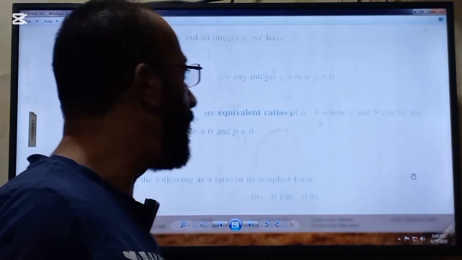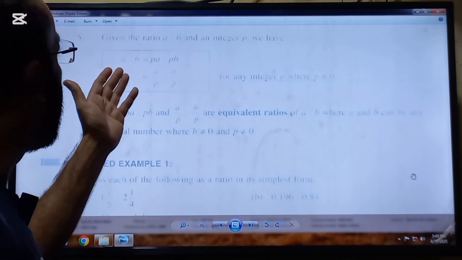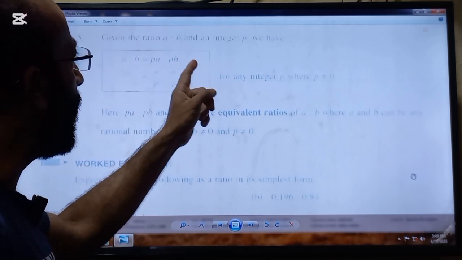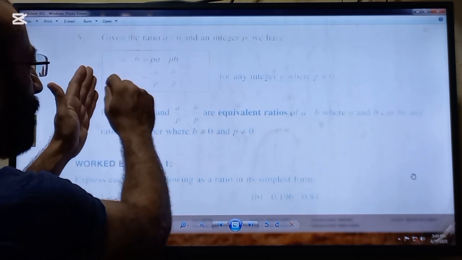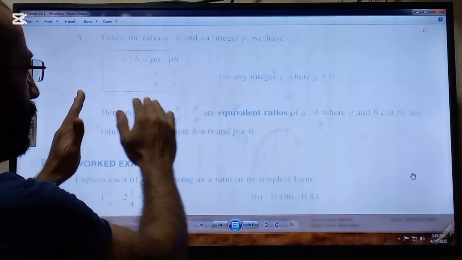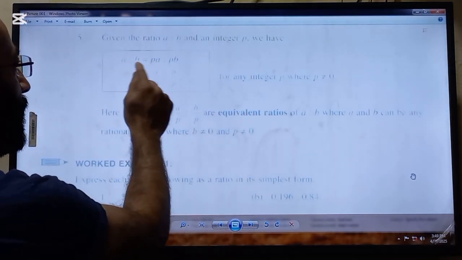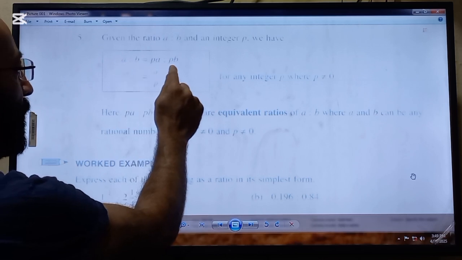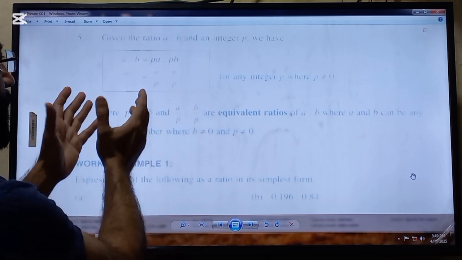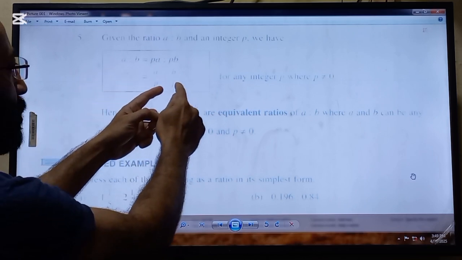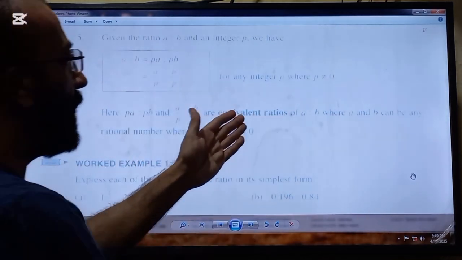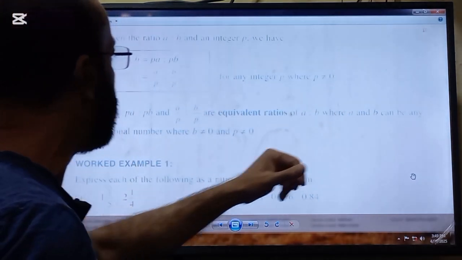The next point to remember is, given the ratio A to B and an integer P, for example A to B, multiply the ratio by the same number P. That will be equal to PA to PB. Now we can divide the ratio by the same number, that is A over P to B over P, for any integer P where P is not equal to 0.